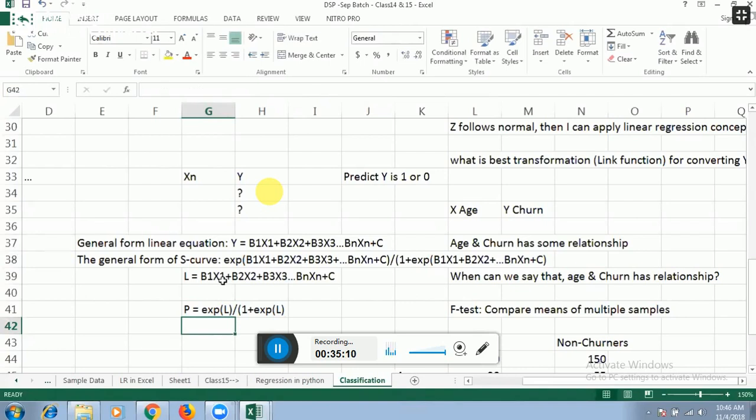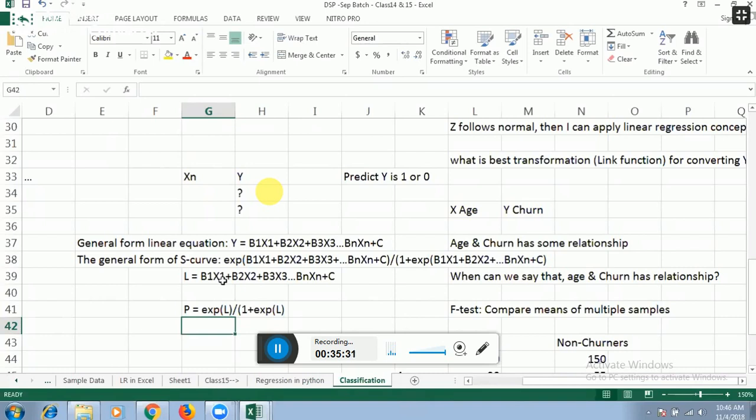Okay, this is my target, guys. If I get this output, I am able to achieve my best fit line, which can give me good accuracy and pass through the maximum number of data points.